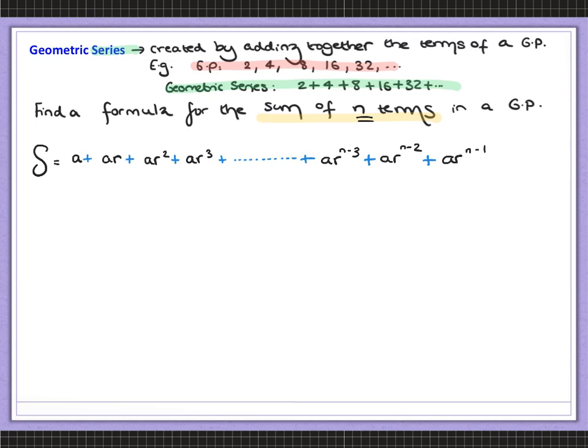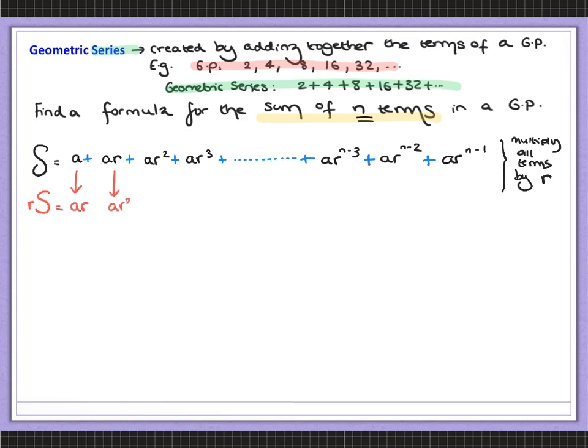Now, I'm going to write down what would happen if I multiply every term in this series by r, the common ratio. Now, on the left-hand side, that is going to give me r multiplied by the sum. On the right-hand side, well, let's have a look at what's going to happen to each of the terms. So a is going to become ar.